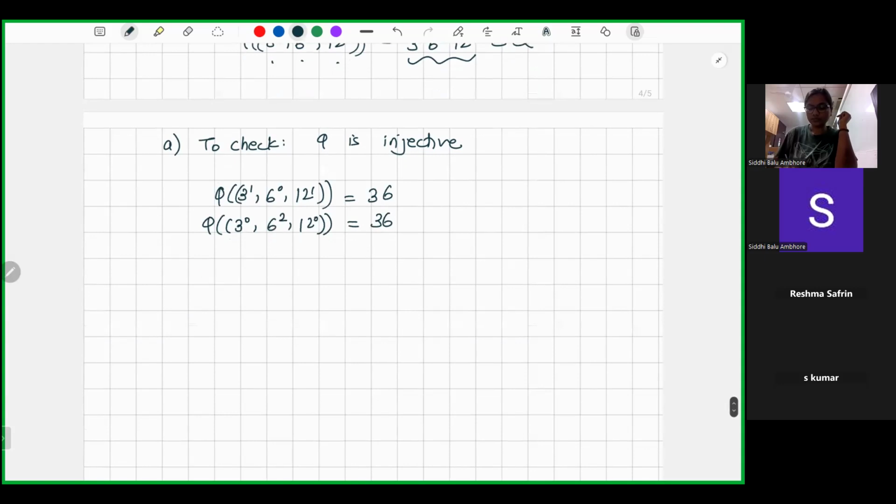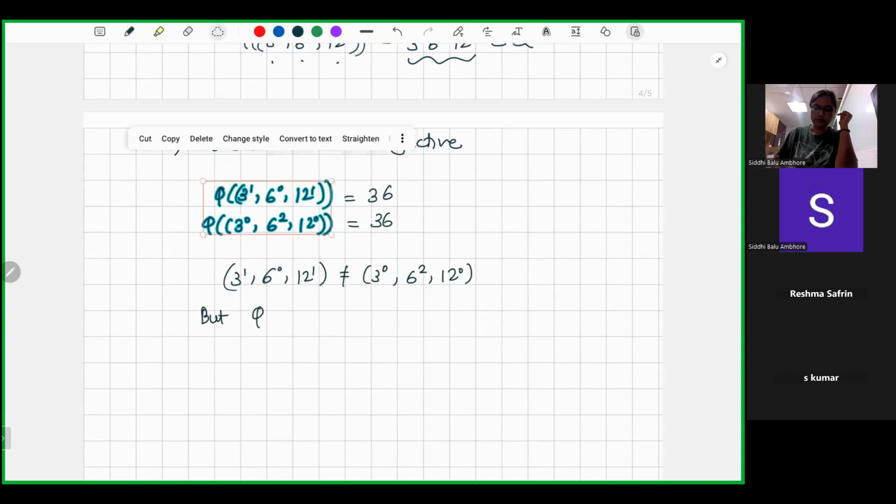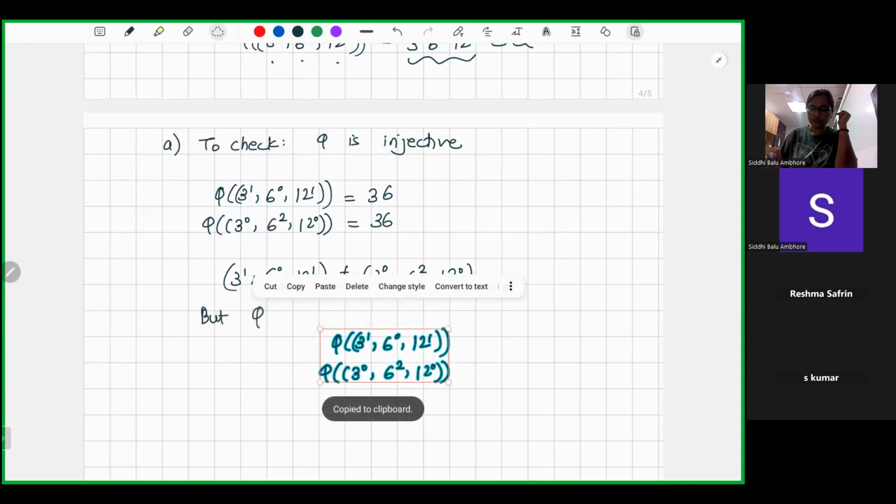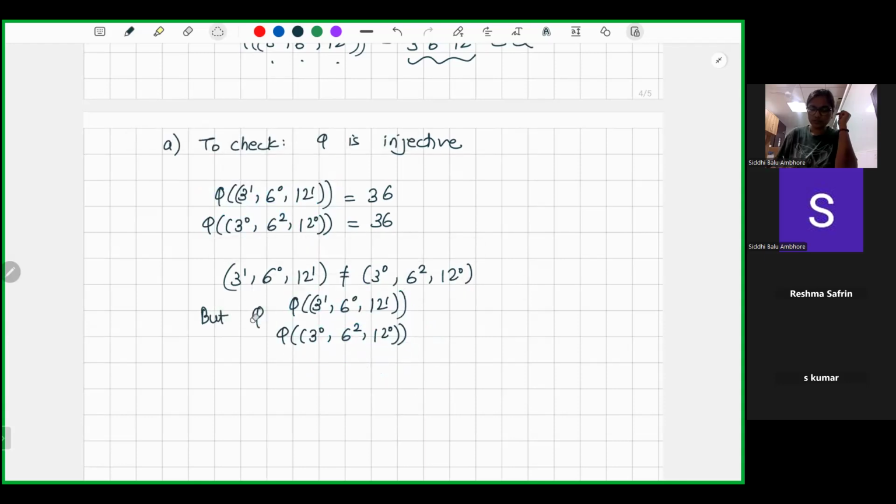So definitely this cannot be an injective map, because 3 power 1, 6 power 0, 12 power 1 is not equal to 3 power 0, 6 square, 12 power 0, but we have these two images as equal.